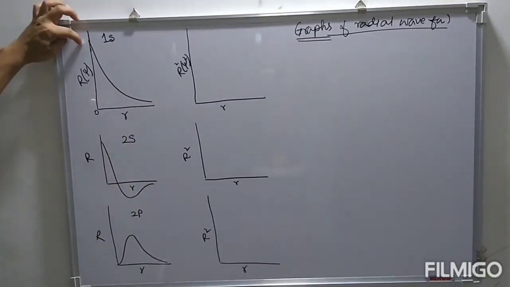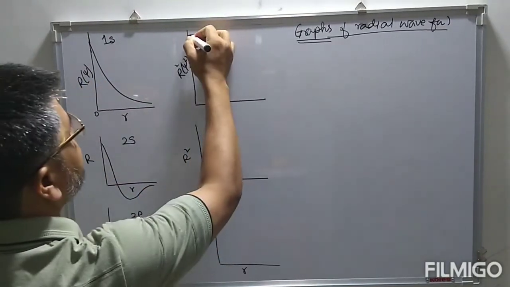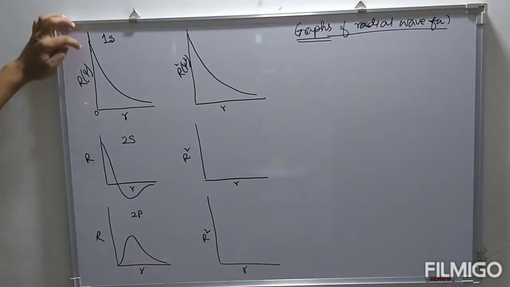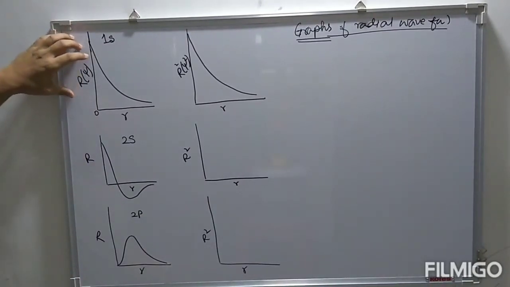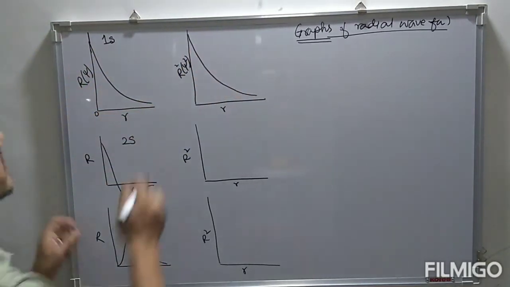Now, if the values are squared, the graph will remain as it is. On squaring, the rest of the graph will remain as it is. So there is no change.